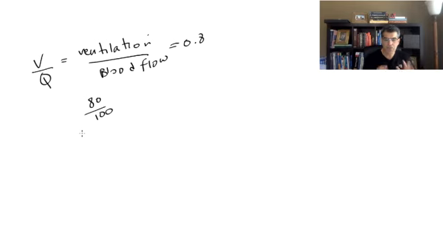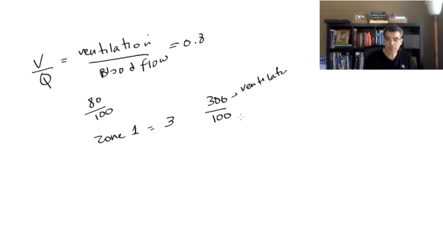But each area of the lung is different. Zone 1 is around 3. In other words, we have 300 over 100. That means my ventilation is 3 times more than my perfusion. That's zone 1. In zone 3, however, it is around 0.6.